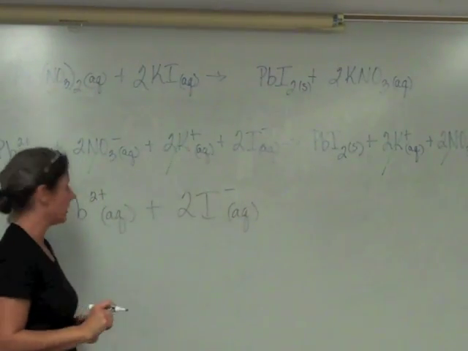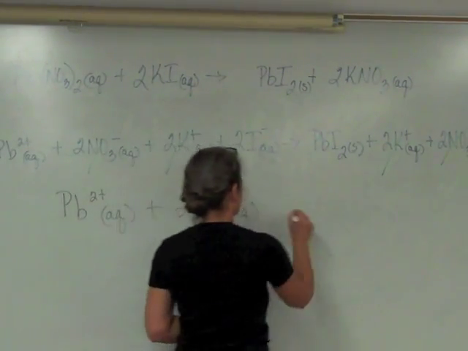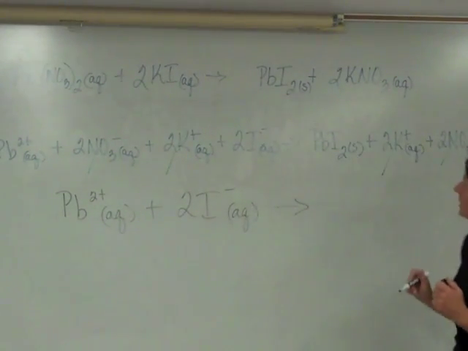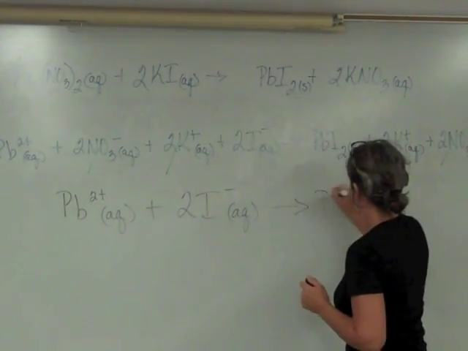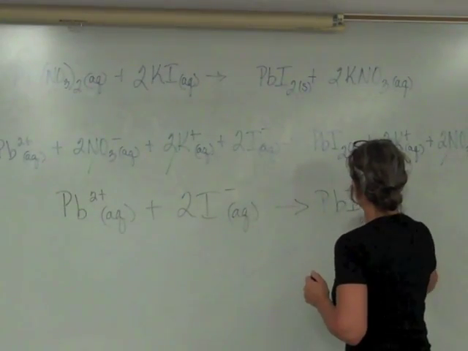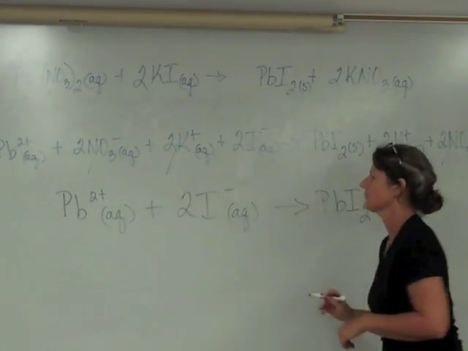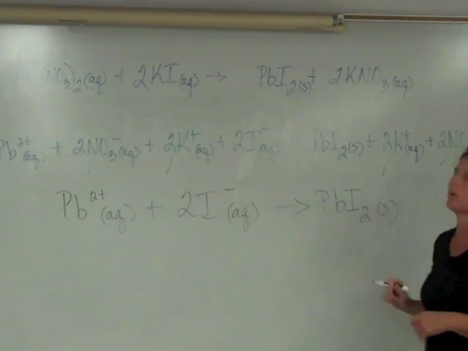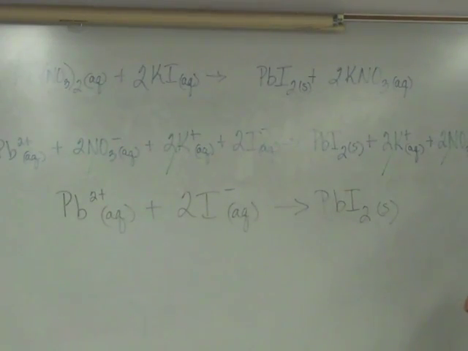And they are also aqueous, meaning that these were dissolved. And they are going to give us PbI2, and that's a solid. This is the net ionic equation for what has happened here.